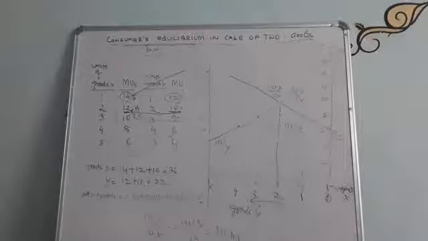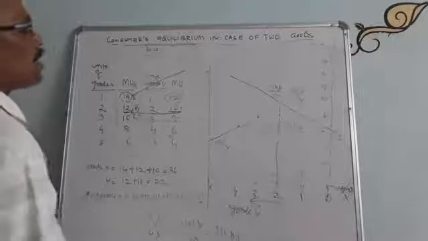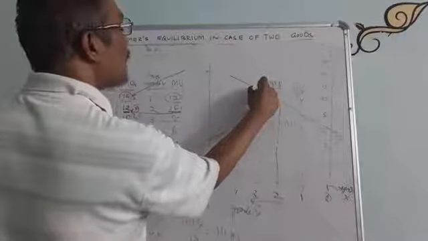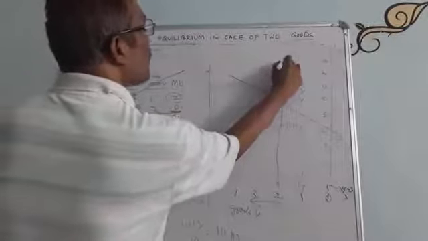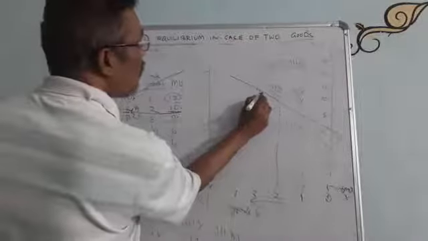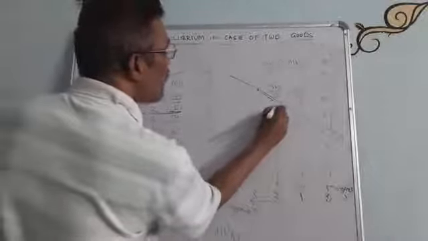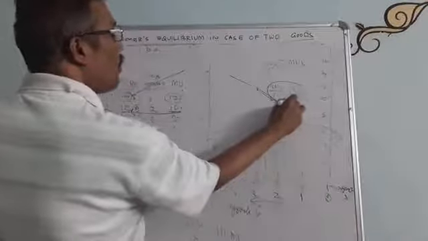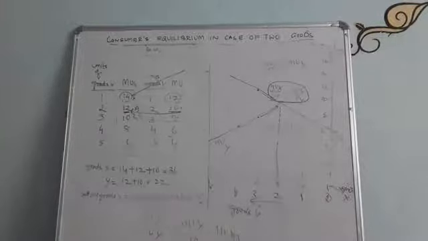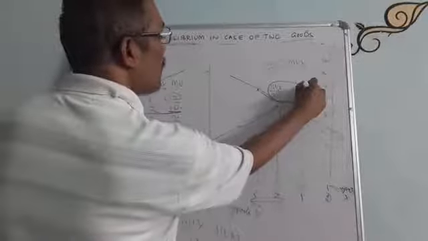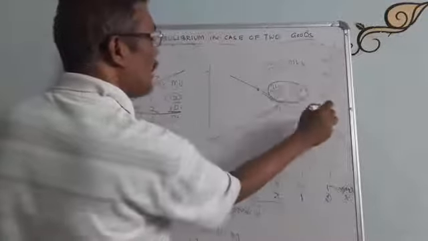Now the question is, if marginal utility of X is more than marginal utility of Y. Suppose at the second unit, marginal utility of good X is greater than marginal utility of Y. In that case, the consumer will purchase more of good X and less of good Y to reach equilibrium, up to where marginal utility of X upon price X equals marginal utility of Y upon price Y. If marginal utility of Y is more than that of X, suppose at this point, marginal utility is 12 and this is 8.